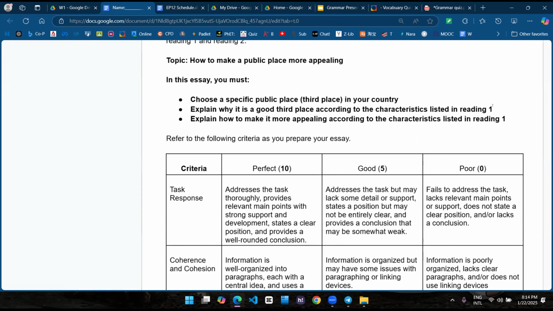So you need to check what the characteristics listed in reading 1 were. So 2 body paragraphs. 1, explain why it's good. 2, explain how to make it better.